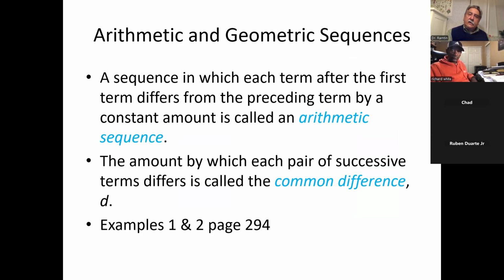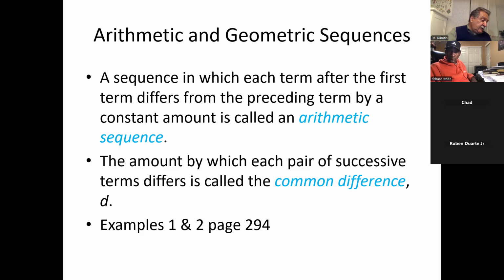A sequence in which terms after the first term differ from the preceding one by a constant amount is called an arithmetic sequence. The amount by which each pair of successive terms differs is called a common difference.